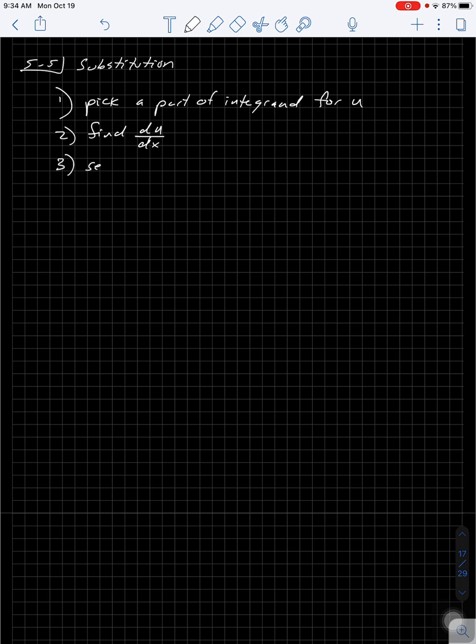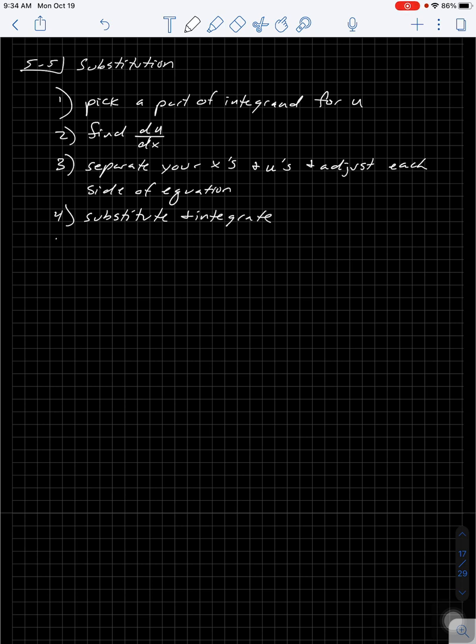Then you are going to separate your x's and your u's and adjust each side of the equation. And then you are going to substitute and integrate, and then you're going to substitute back in. All right, I know that doesn't make sense yet, but we'll walk through a problem with it so that it does. So here we go.